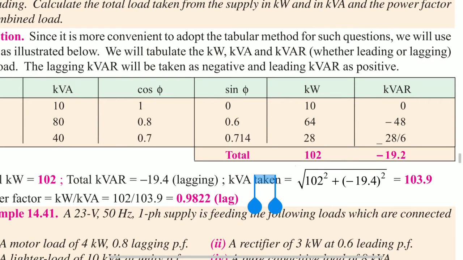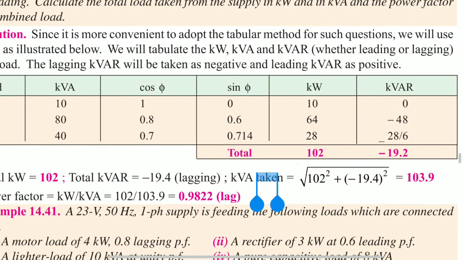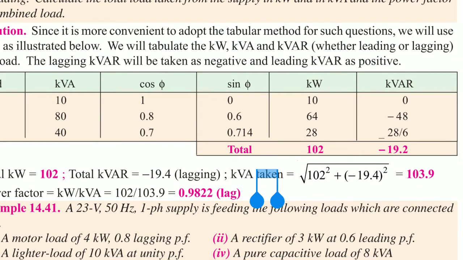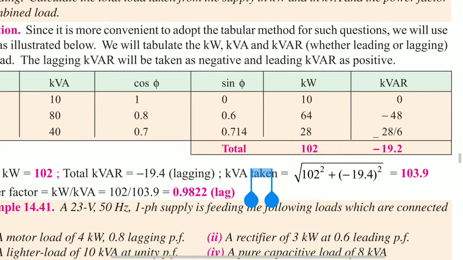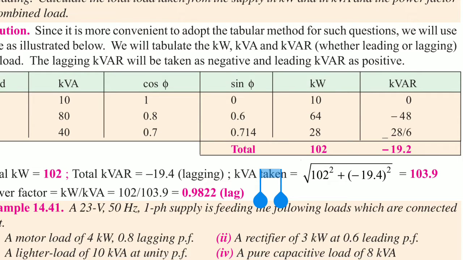kVAR is VI sin phi, which gives 40 into 0.714, which is 28.6.